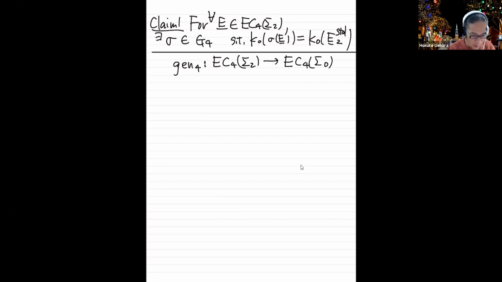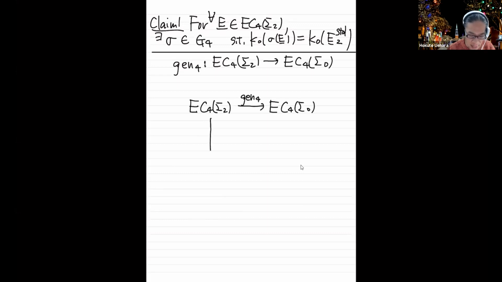So we have the following commutative diagram, namely we have the set of exceptional collections of length 4 on sigma 2, and the map Gen 4 for sigma 0.